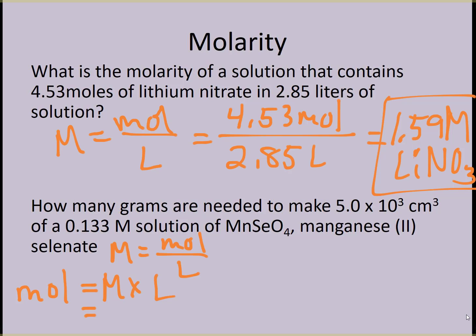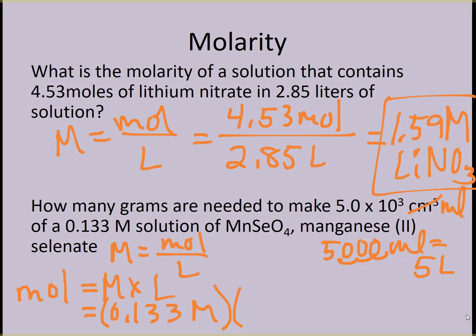So my molarity is 0.133. And my liters, well, I'm going to have to do a little bit of calculation here. This is actually milliliters, because 1 cubic centimeter is equal to 1 milliliter, and I have 5,000 milliliters. So how many liters that is, I move my decimal over 3, I have 5 liters.